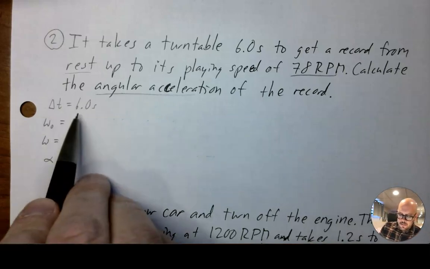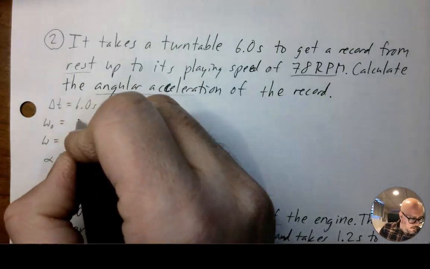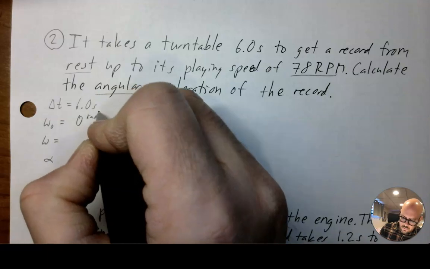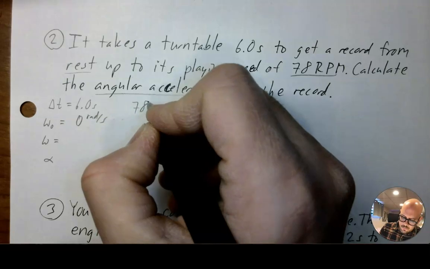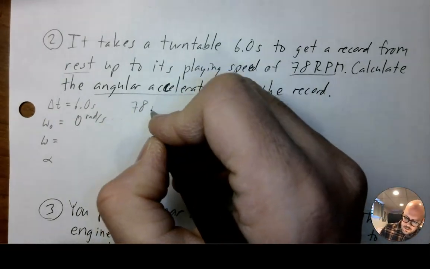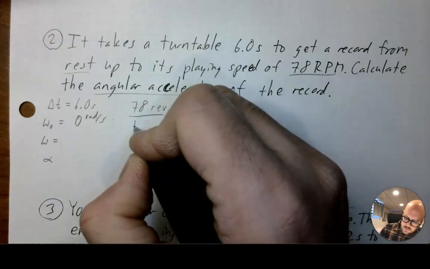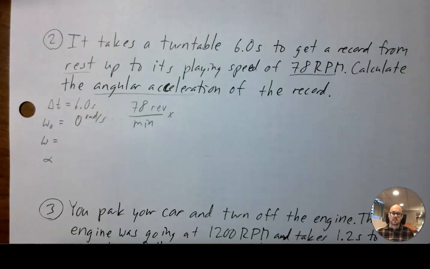So I put the time in as 6 seconds. The record starts at rest, so the initial angular velocity is 0 radians per second. And then 78 RPM is the final angular speed. Now that stands for 78 revolutions per minute. When we work with rotation, we always need everything to be in radians and seconds.